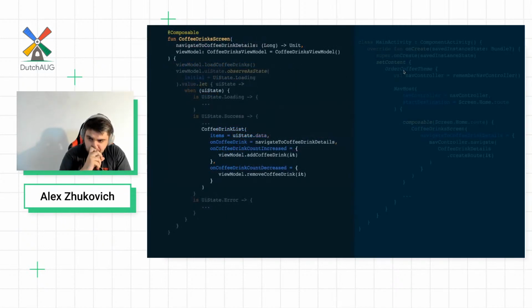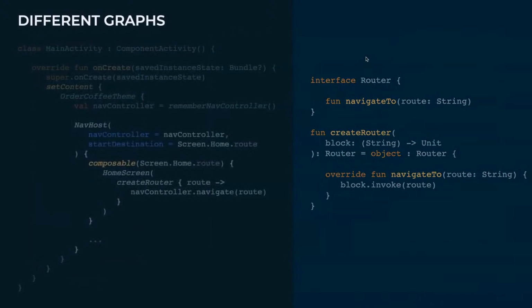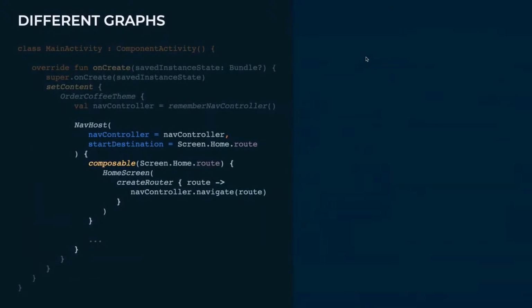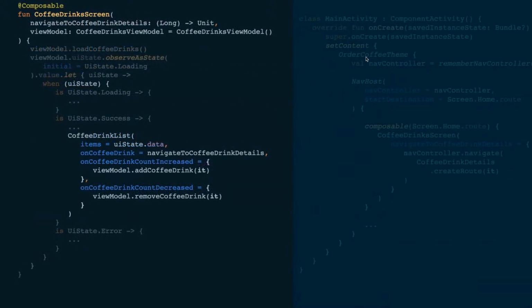However, when we think about doing some preview, we can find a problem, because we need to pass the nav host inside our screen. To avoid such a situation and to have the possibility to pretty easily create a composable function with some navigation, we can move all our navigation actions inside our constructor.